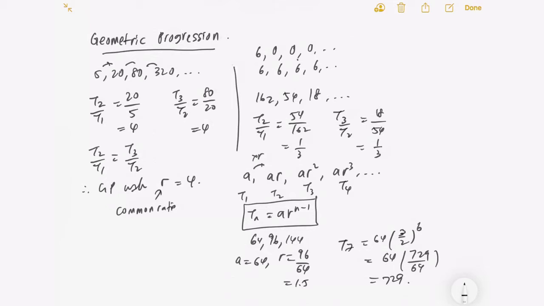Okay. So, what if I know specific terms? Let's say I know my first term is 6, the next one is 12, the next one is 24, all the way until 768, and I want to find how many terms I have.